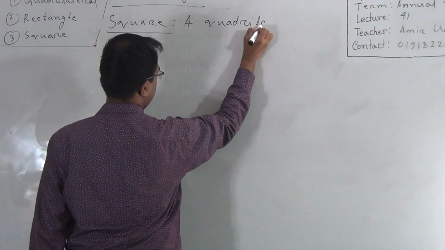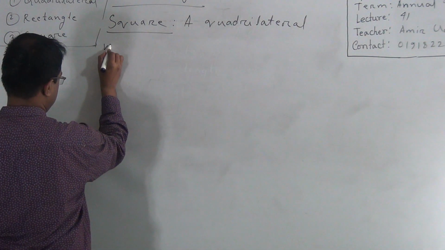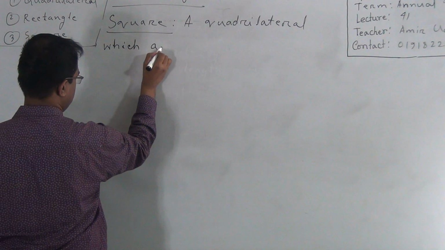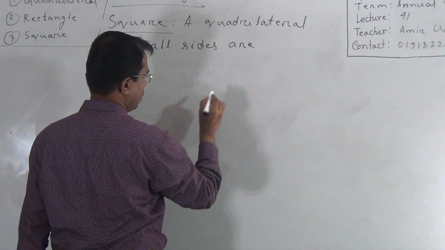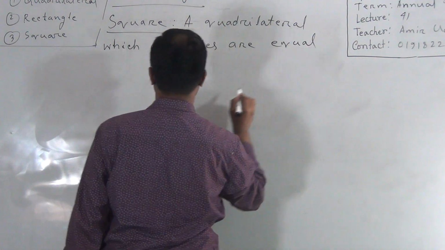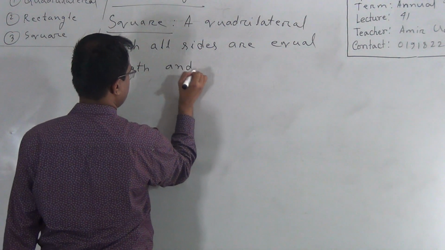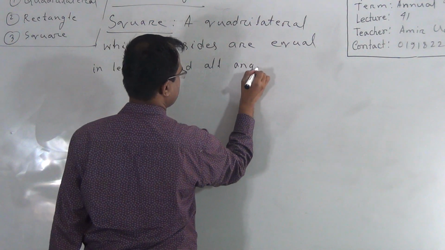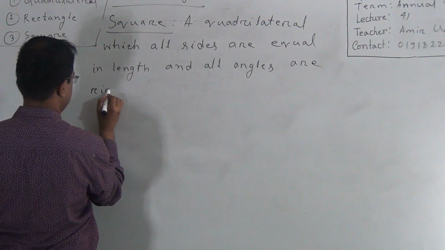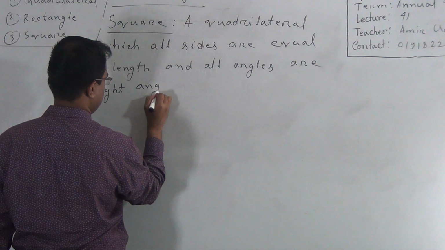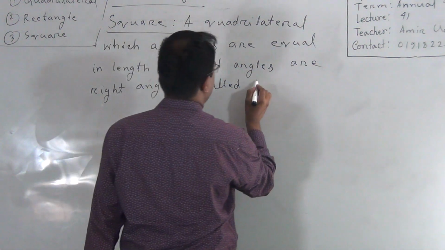A quadrilateral which all sides are equal in length and all angles are right angle is called square.